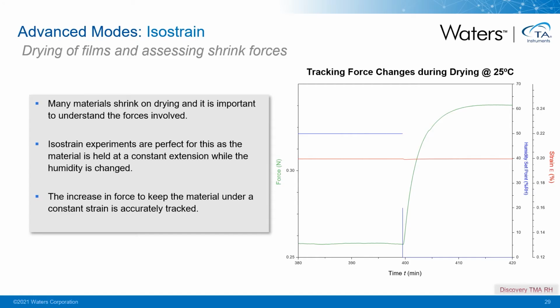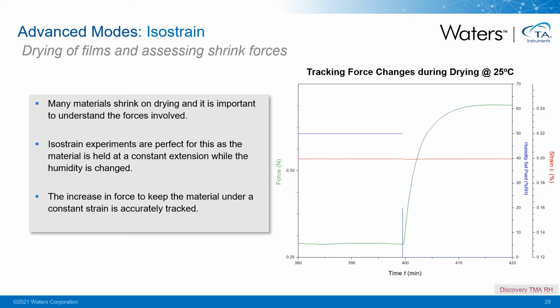So now we're looking at Discovery TMA RH data. This is an isostrain experiment. In an isostrain experiment, we apply a strain, changing the dimension of the sample to a specific level, and we hold that strain, or attempt to hold it constant, while we change something else. In this case, we can see that the humidity, the blue curve, at about 400 minutes dropped from 50% relative humidity down to 0% relative humidity.